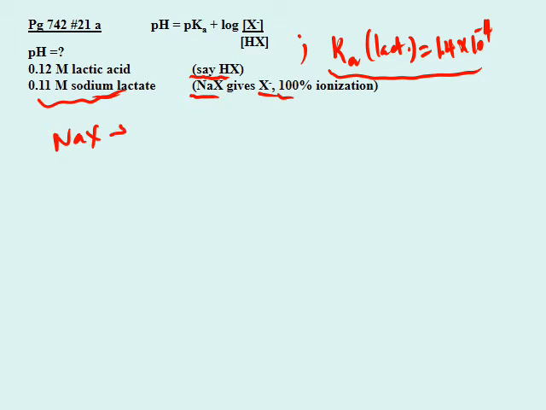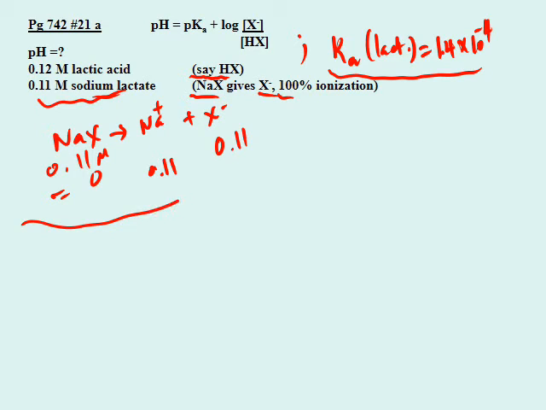NaX would get separated into Na plus and X minus. So if I have 0.11 molar, when it breaks down 100%, you get 0.11 of sodium plus. I don't care for that one. And I get 0.11 of lactate ion. That's what is important for me.